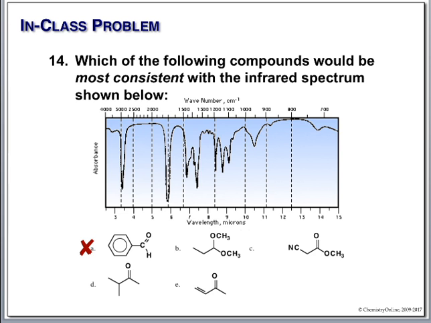This next compound, this is what's called an acetal. We'll learn about this when we do the chapters on aldehydes and ketones. This actually hydrolyzes very easily in aqueous acid to give a carbonyl compound. This would give an aldehyde. But the way it is now is the acetal.